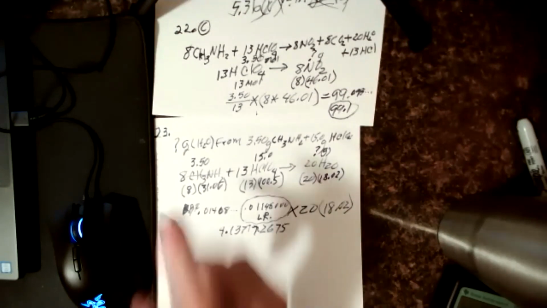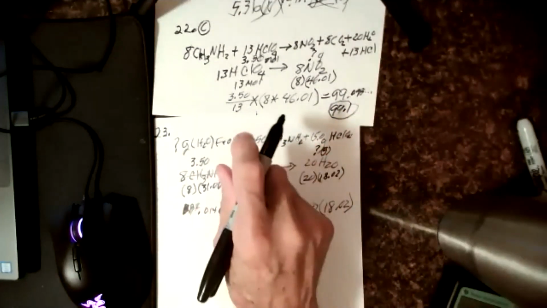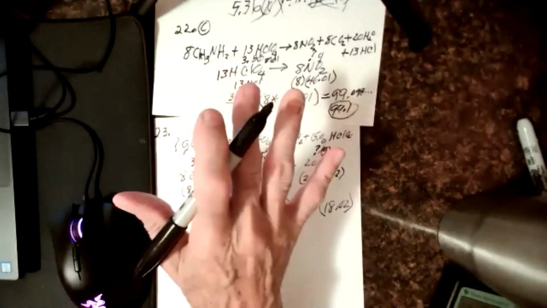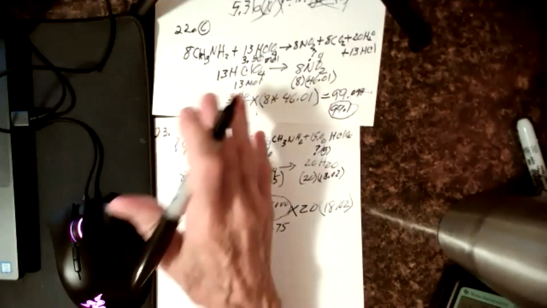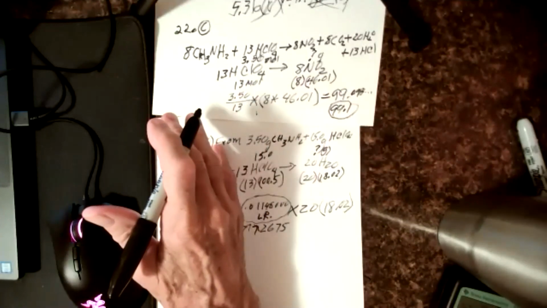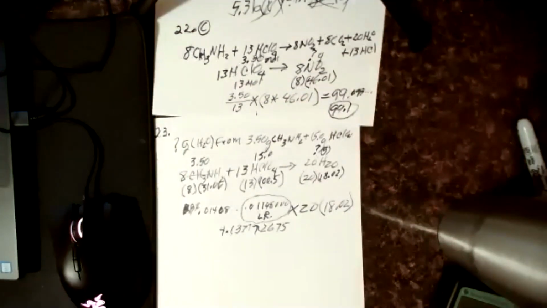Now, I want you to know something. I've had students who would have gotten this on their calculator and they'd say 0.01. You know, never use one significant figure on anything. We're never going to have a problem where we're just good to one significant figure, probably in any kind of situation in chemistry.